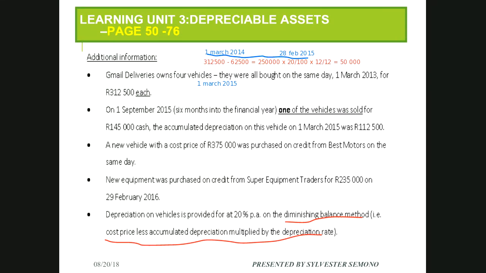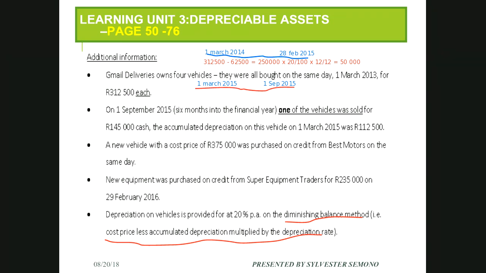Who can tell me why do we say 1st of September? It's the date that we sold. The day where we sold. Okay, so you must make sure that you are careful when it comes to that. So that is the date on which we sold. So let me underline this like this. So we have to stop here.